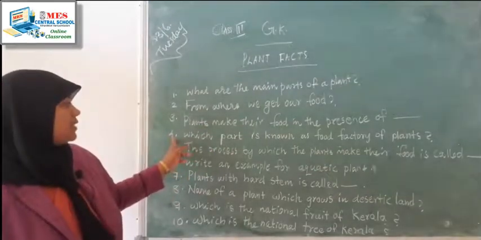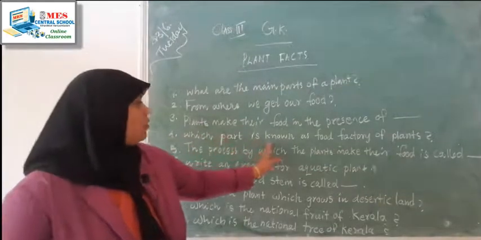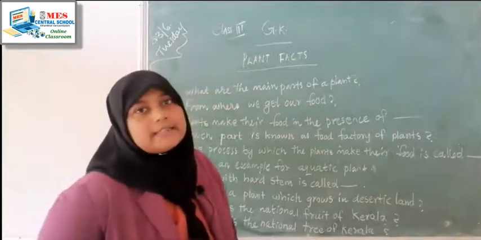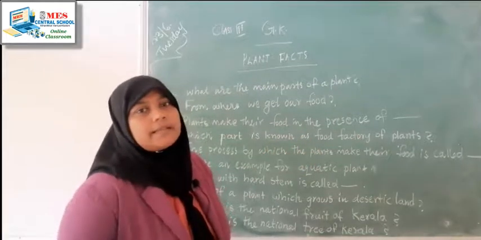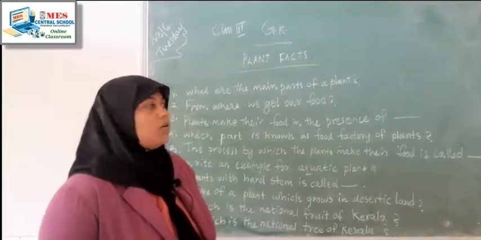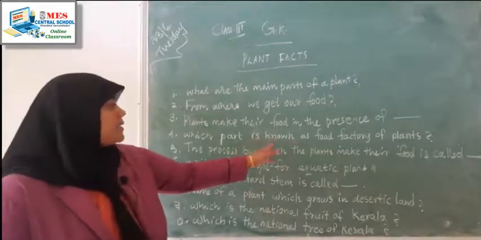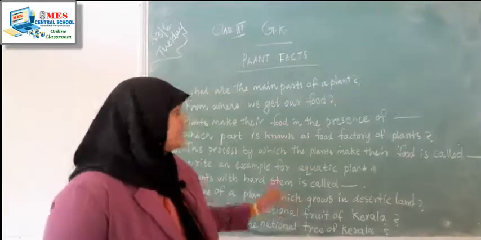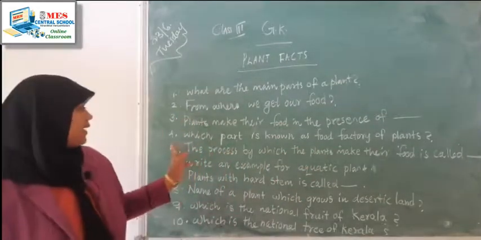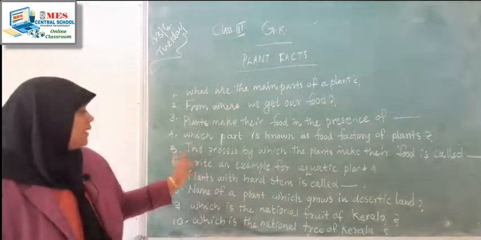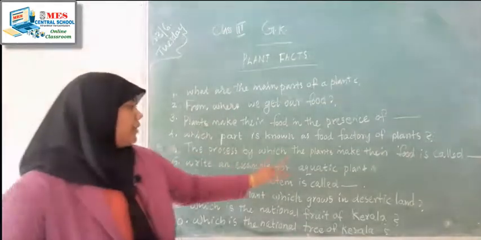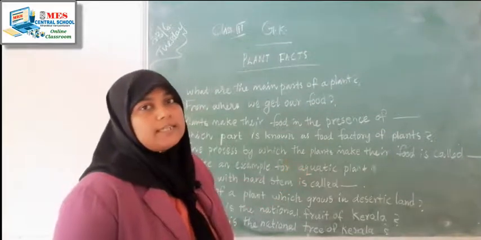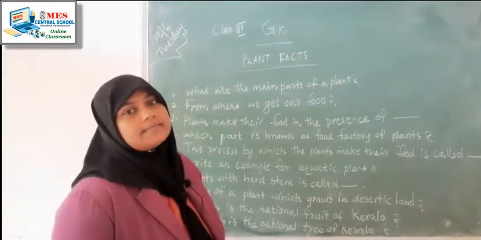And the fourth question is, which part of a plant is known as the food factory of the plant? And the fifth question is, the process by which the plant makes its food is called dash.